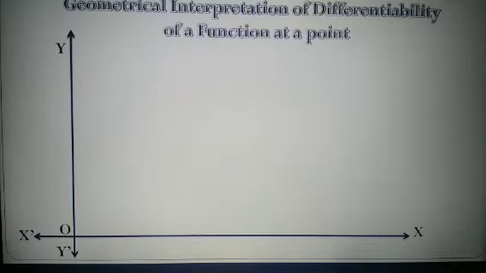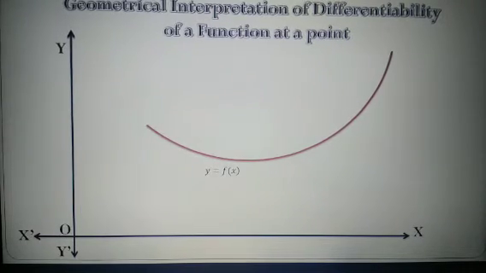Now I'm going to plot my graph here. So let me take y equals f(x) to be this curve. Now this gives me from here to here is my domain. Now let me choose a point c in its domain. So this is my point c, let me assume.